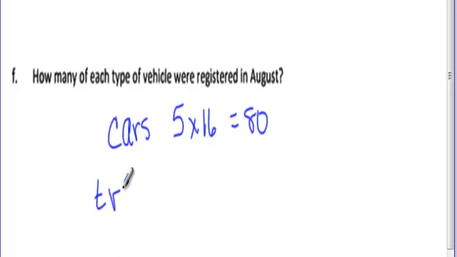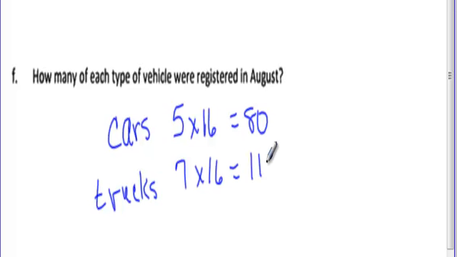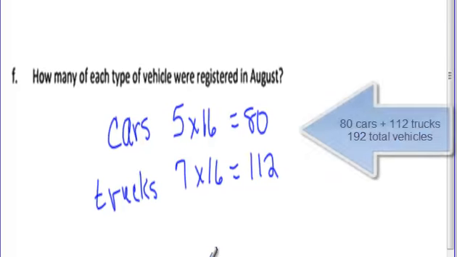Trucks, there were 7 equal-sized parts for trucks. Each one of those has a value of 16. So multiplying that out, we get a total of 112 pickup trucks registered for the month of August. And there we have just solved the problem using a tape diagram to help us.